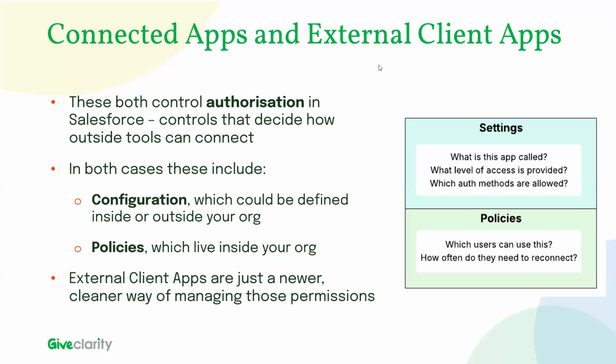One of the most important things about the app, it's kind of obvious, is the name of the app, which is in the settings. It's easy to forget about it, but it's really important because that's what your users are going to see when they're authorizing an app.